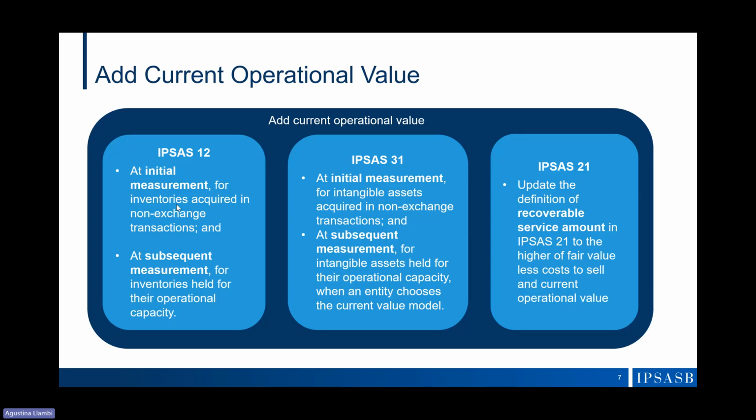Okay. So now getting to exactly where current operational value was added, it was added in IPSAS 12 on inventories, as I had said in early slides, and in two aspects.